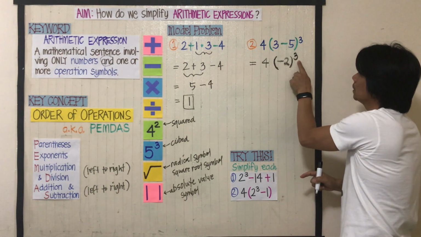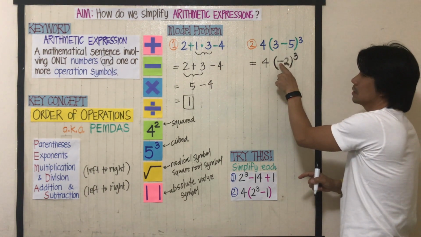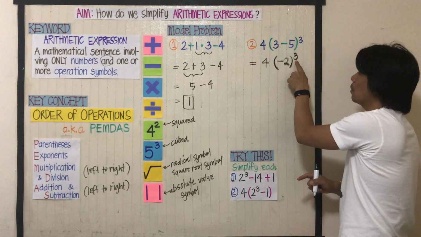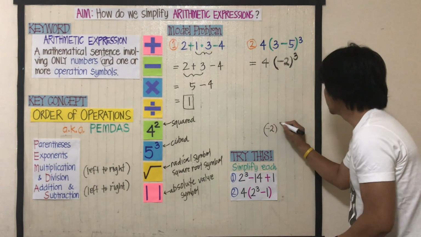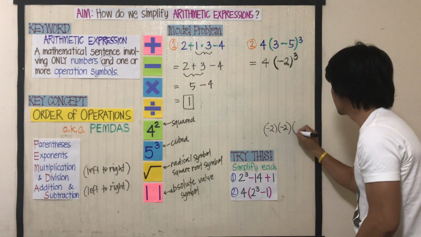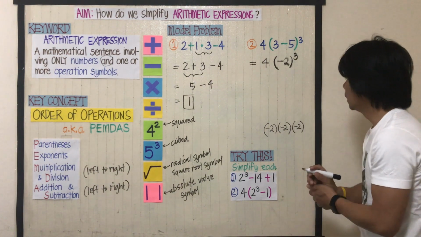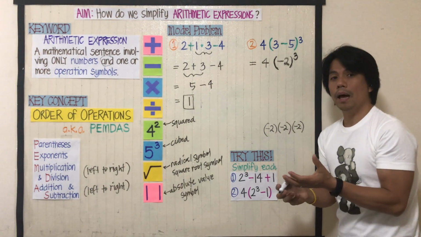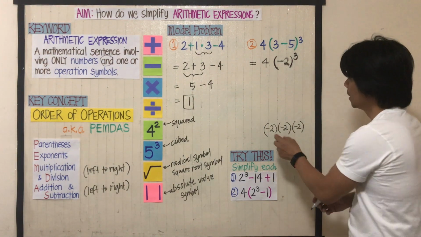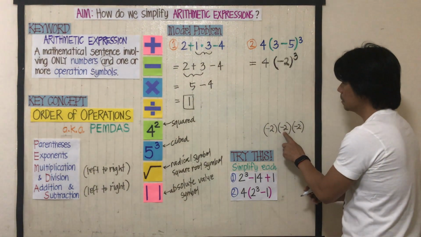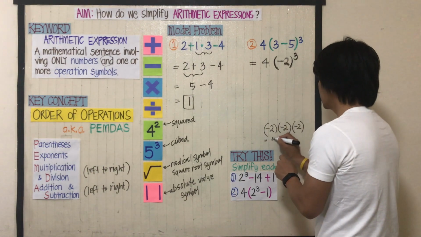Now we're doing the exponent. What is -2 to the 3rd power? Let's do it here: -2 times -2 times -2. Again, we'll learn how to multiply signed numbers in other videos. So -2 times -2 gives us +4.